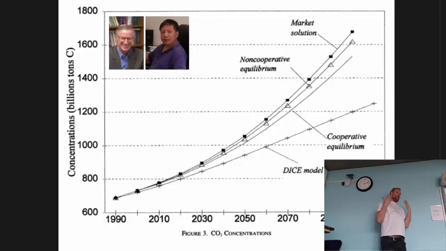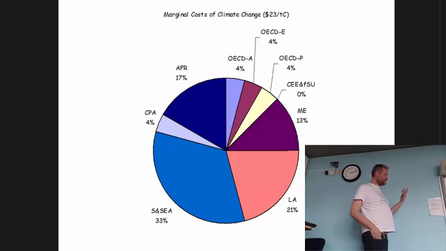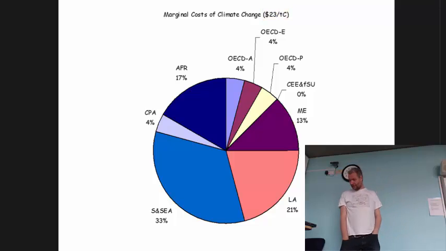Now, this assumes a global social planner or a joint maximization of welfare, and essentially what you do there is equate the marginal cost of emission reduction to the global total marginal damages. But the global total marginal damage is of course the sum of regional marginal damages, and here we see that split out for 16 regions, where the global total is $23 per ton of C. That is of course a fairly arbitrary number, as you should realize by now.